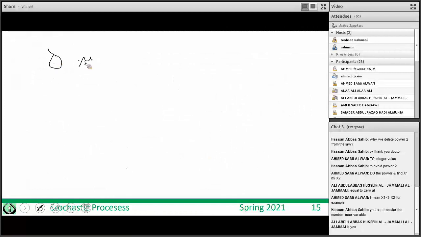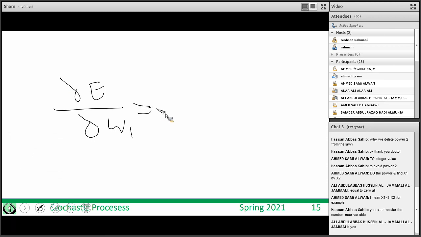We say that the partial derivative of error over W1 is 0 and the partial derivative of error over W2 is 0, and this gives me an equation for each, and by solving them we can find W1 and W2.